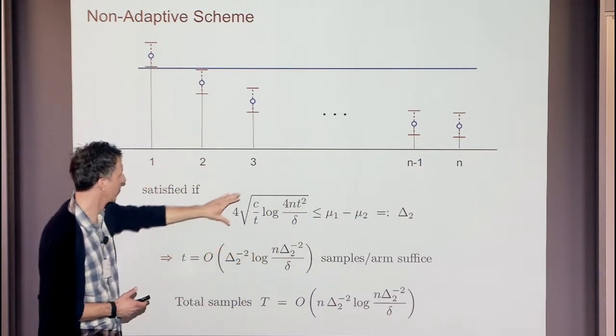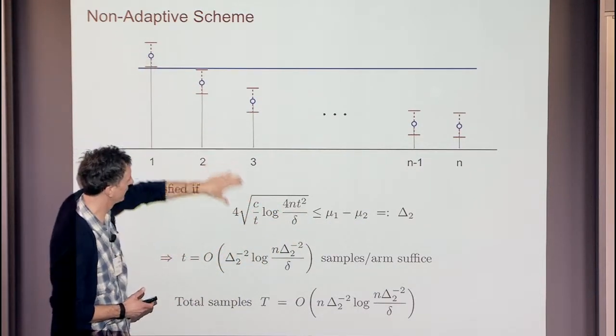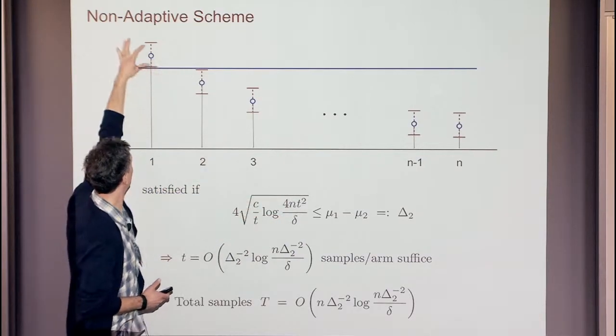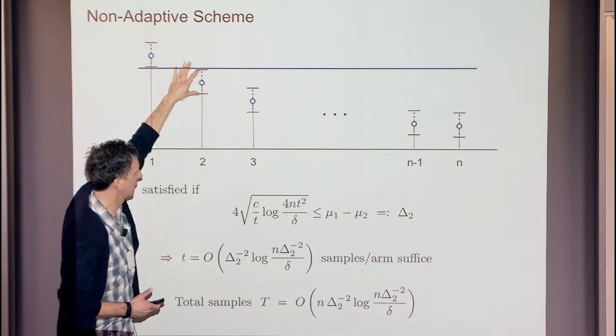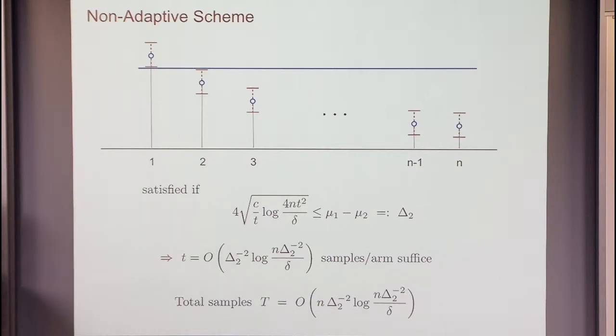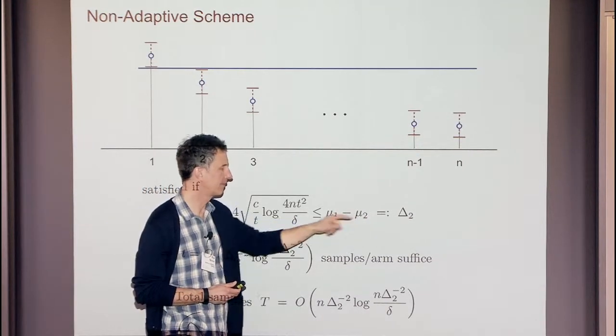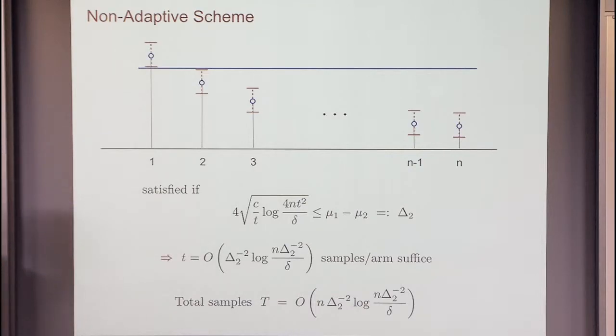So this is one side of a confidence interval that I have right here, and I need twice that and twice that again, which gives me this 4. And so basically it's saying you have to take enough samples so these confidence intervals shrink enough that they're small relative to the gap between the first and second best items.